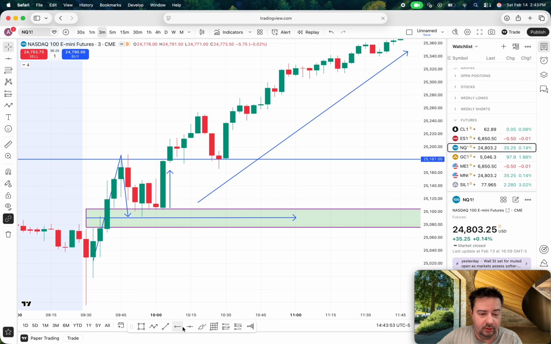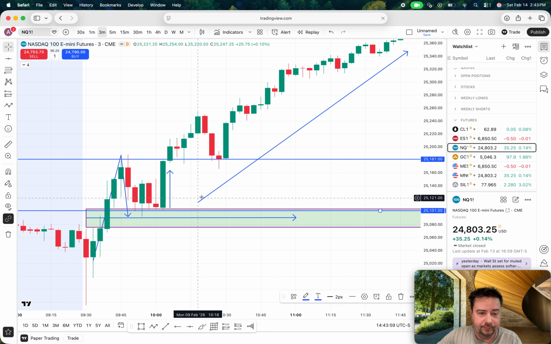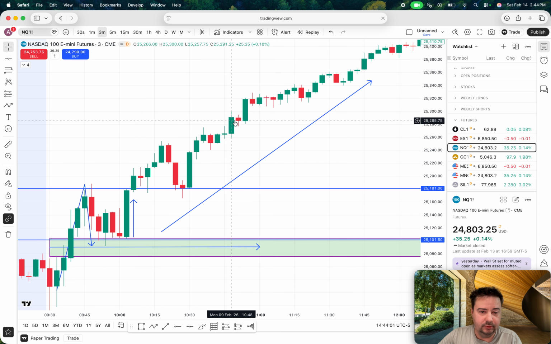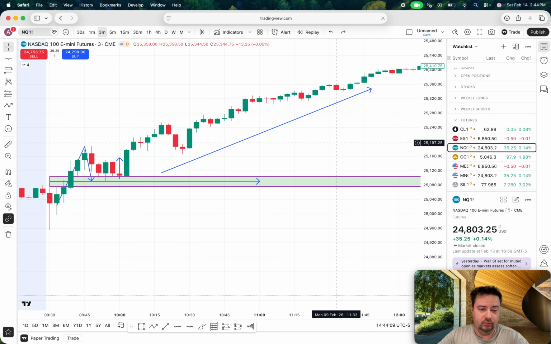Your stop would go, and we're not going to talk about stops, but normally the stop will go down in here in this area. And then the price moves higher. So that's fair value gaps. That's how they are beneficial to us and how they work.